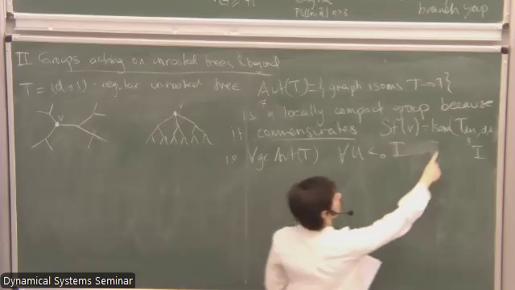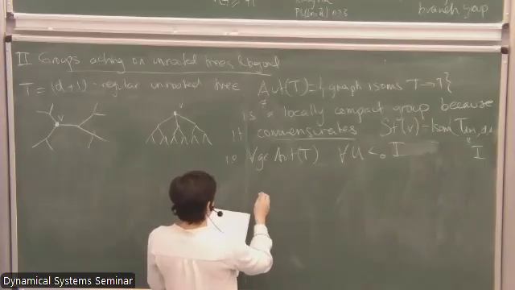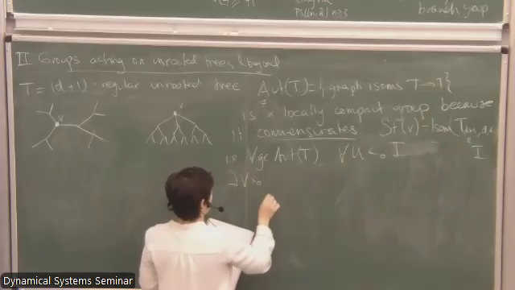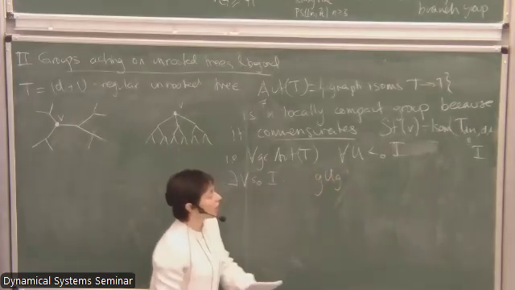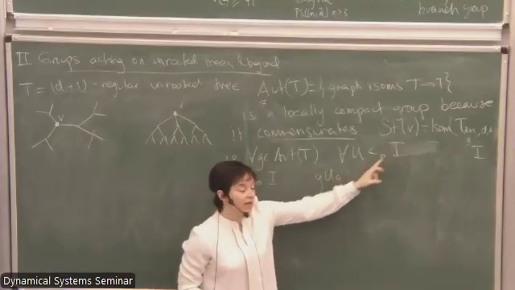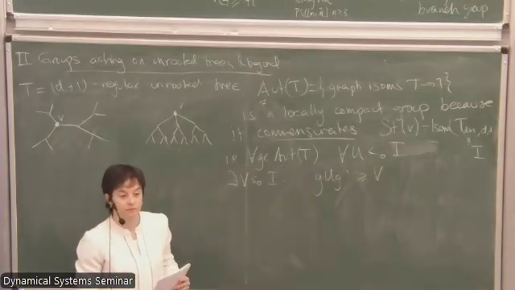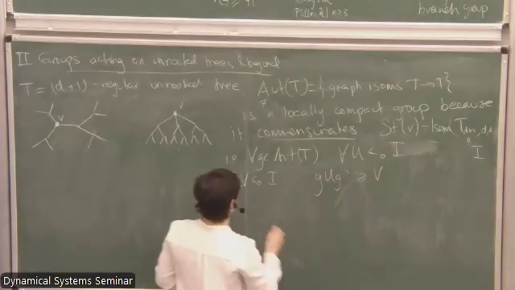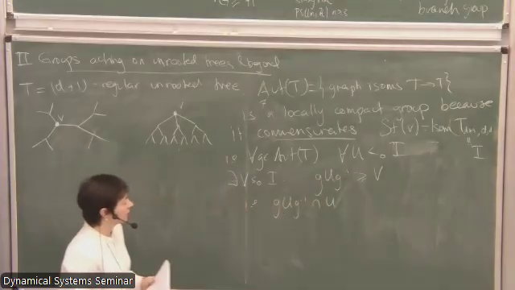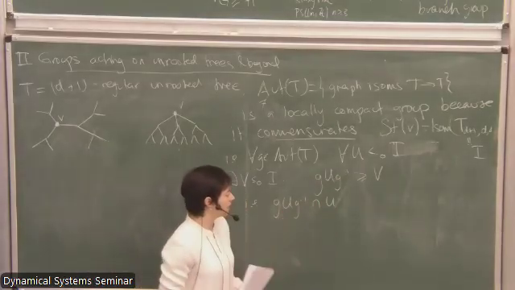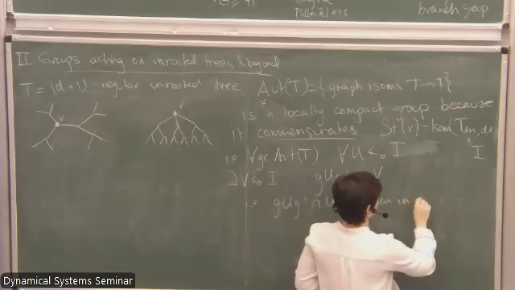So for every open subgroup of this stabilizer of a vertex, there exists some V open in I such that gUg^-1 contains V. So if I conjugate an open subgroup of my I, it contains some other open subgroup. So the intersection of the conjugate of U and U is open in both.